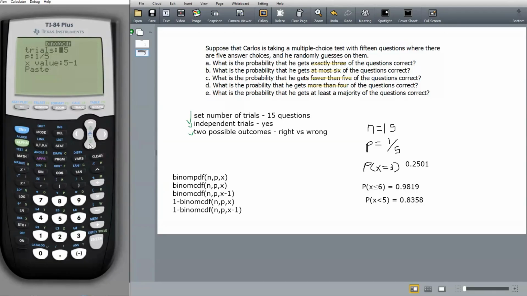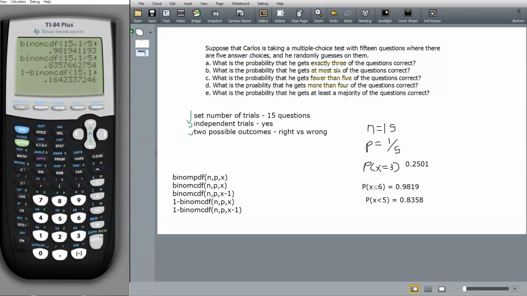My trials is 15. My p is 1 out of 5. And my X value in this case is going to be 4 because it says 4. I can double check my preview. It says binomial CDF n, comma, p, comma, x, and I still have my 1 minus at the beginning.